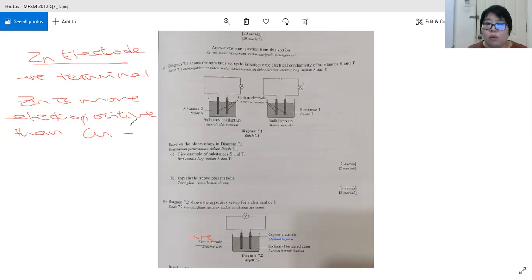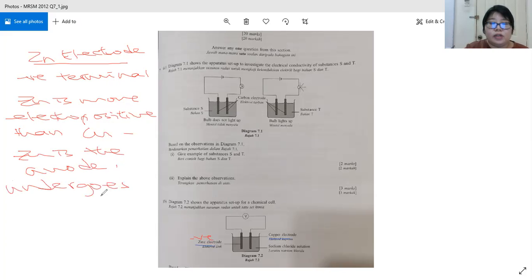Okay. So now when we are talking about negative terminal, it serves as the anode. So zinc is the anode, and anode undergoes what reaction? As I've mentioned previously, anode always undergoes oxidation. Okay, so please take note.